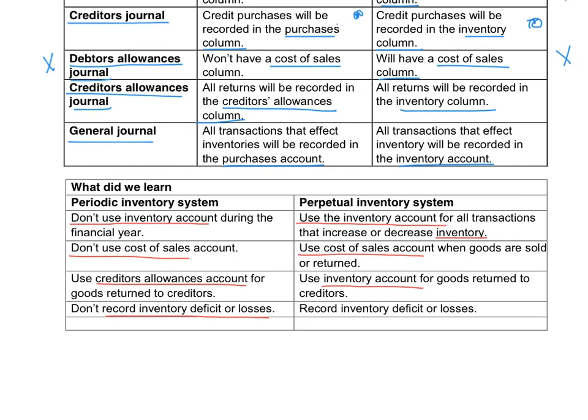Because the closing inventory will be less, it will be absorbed by the cost of sales, and automatically the cost of sales figure will go up as a result of the reduced inventory. In the perpetual system, you will record any inventory deficits or losses, whether it is because of a write down to net realizable value, losses as a result of fire or burglary, or losses of inventory where you don't know how the things disappeared. Any losses will be recorded in the perpetual inventory system.